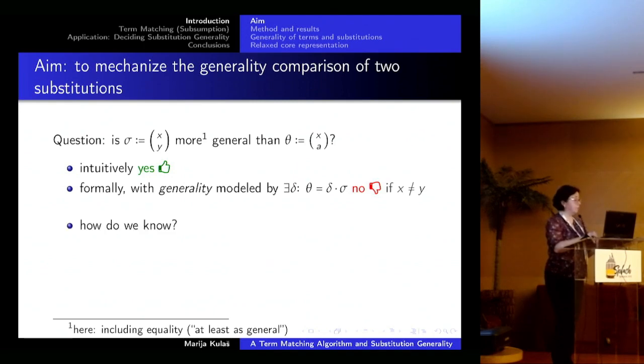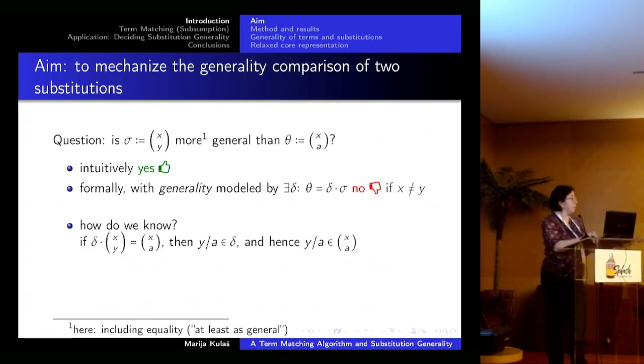So how do we know this? We surely cannot try all substitutions for their being eligible to be this delta, but we can prove something.